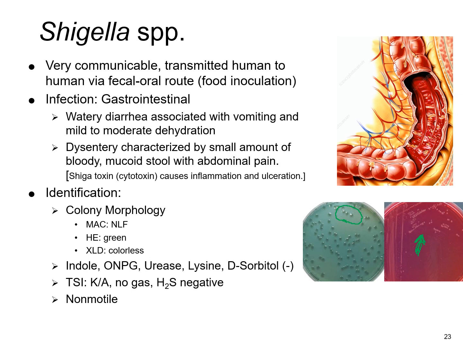They are negative for indole, ONPG, urease, lysine, and sorbitol. They are non-motile, and the TSI agar would present with an alkaline type slant and an acid type of butt.